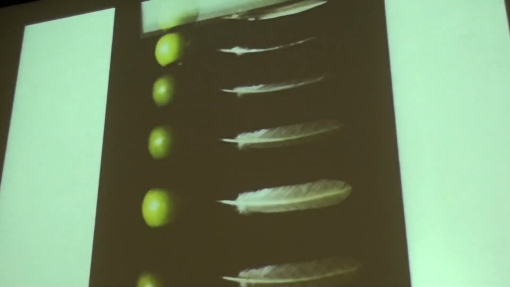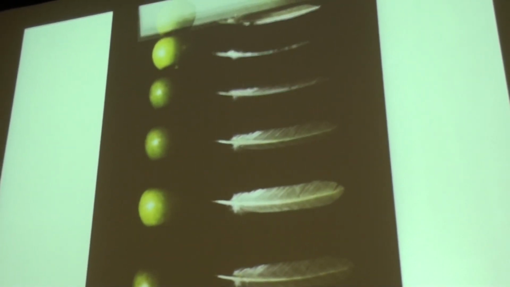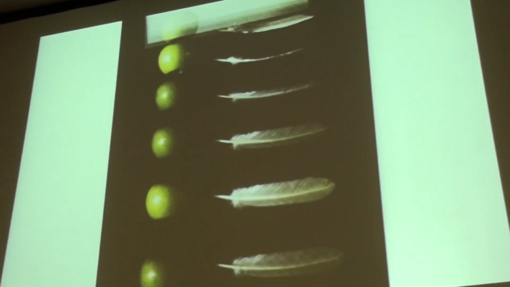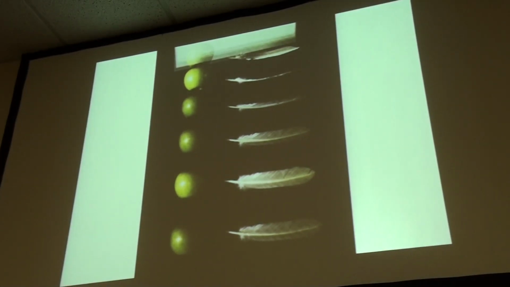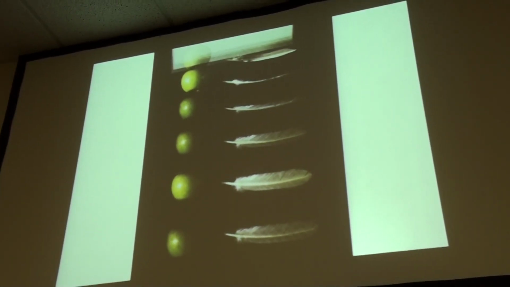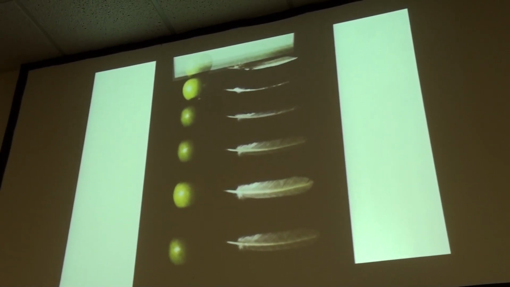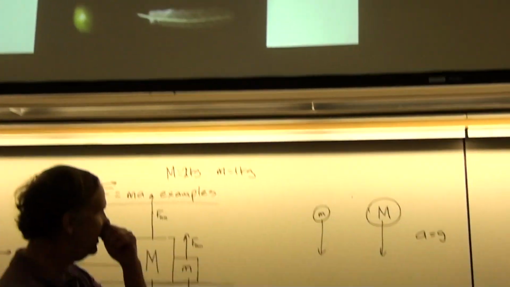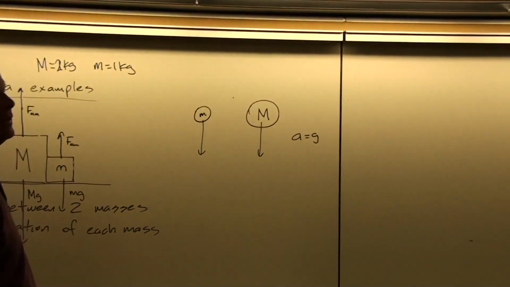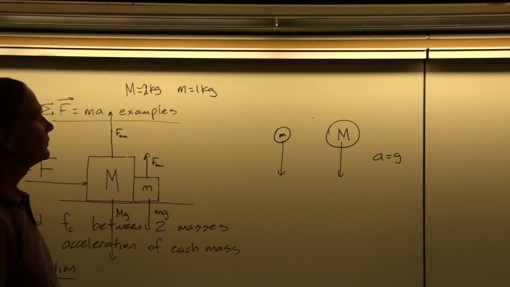Okay. Now, when objects, and you have or will see this in lab, if you haven't seen it already, if you're in free fall, you have a small mass, little m, or a big mass, big M, they fall at the same rate, at the same acceleration, and that acceleration is equal to g. Now, can we understand that in terms of Newton's second law?